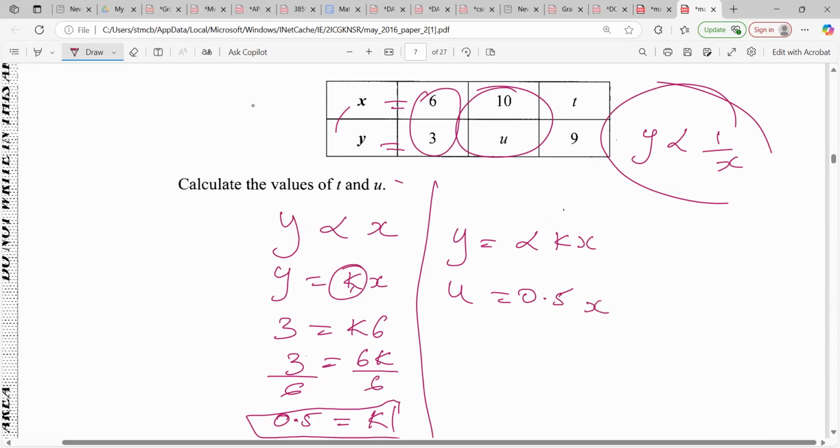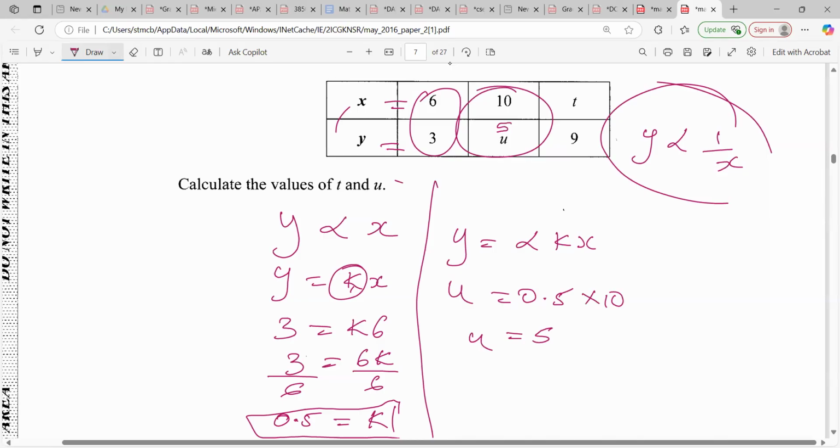We don't know what x is, right? Yeah, we do know what x is, 10. So we multiply this by 10. And of course, you know 0.5 times 10 will be 5. So the value of u should be 5.